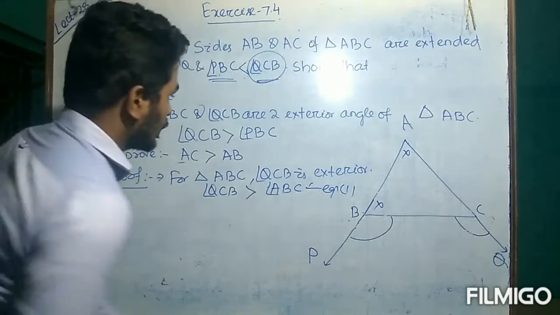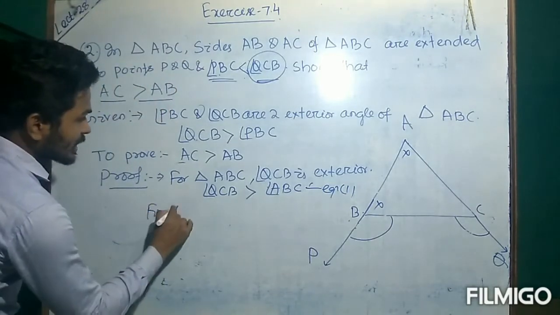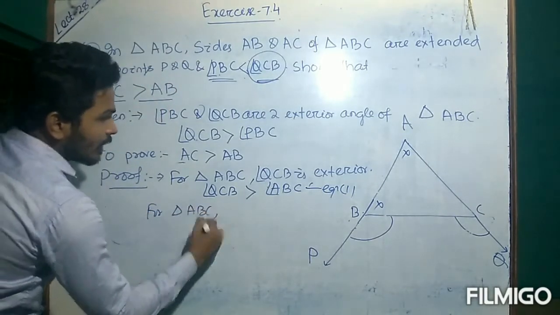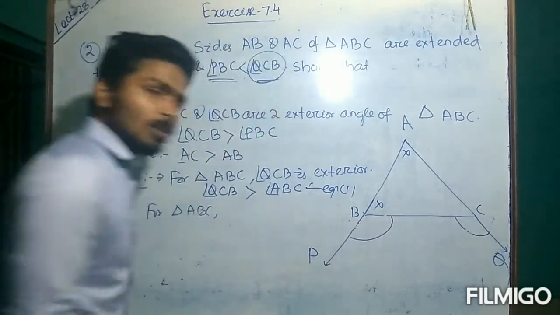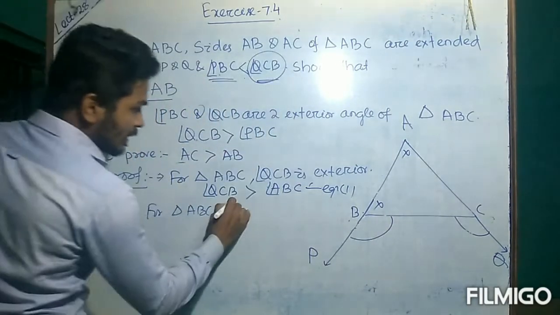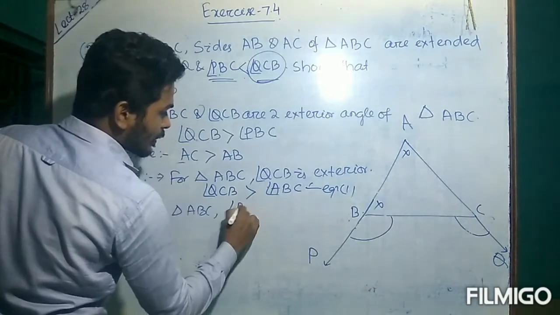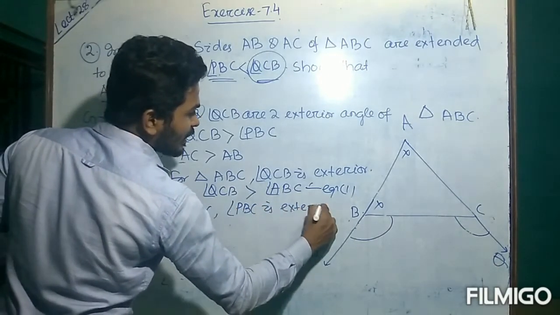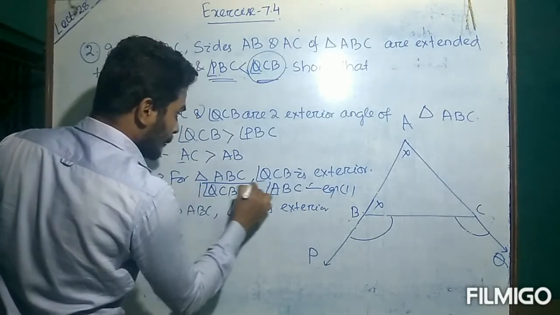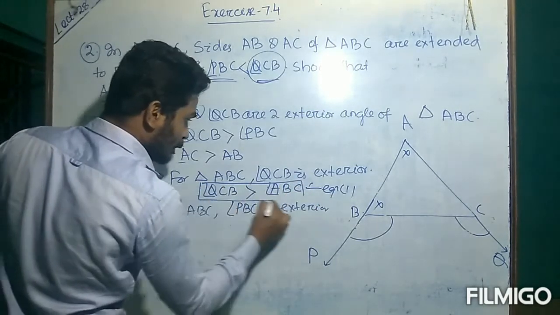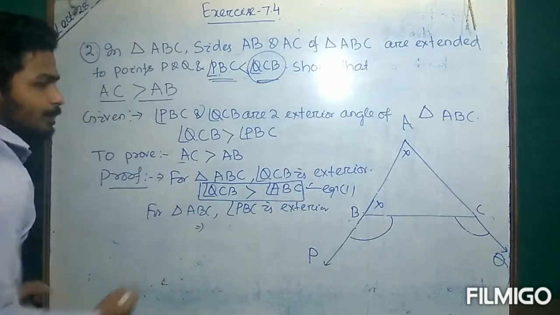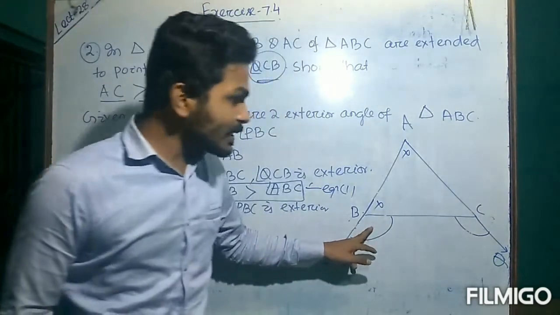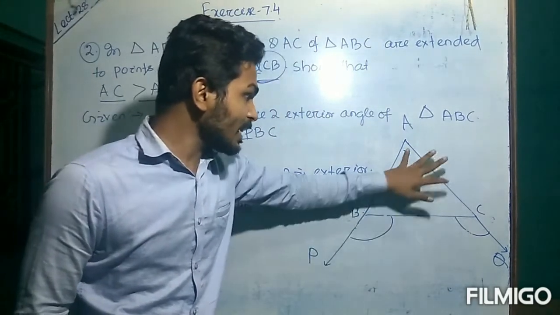Then for triangle ABC, again, this is also an exterior angle. Yes or no? Yes, this is also an exterior angle. So angle PBC is exterior. Let us make it in a box. Similarly here also, this angle is equal to the sum of two interior opposite angles.